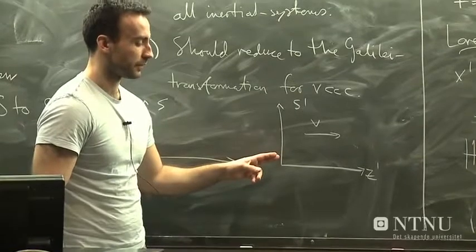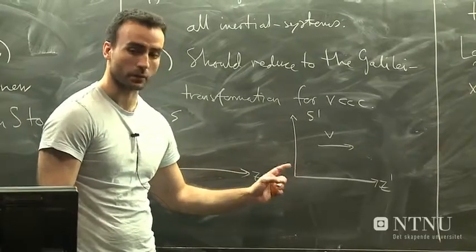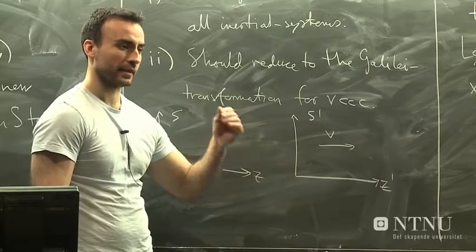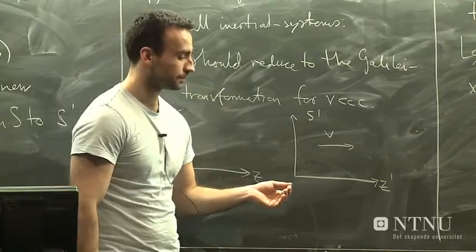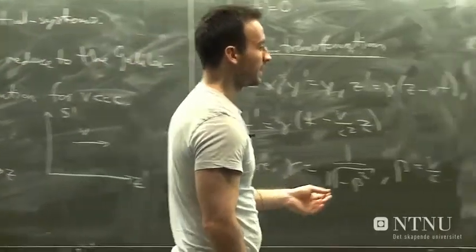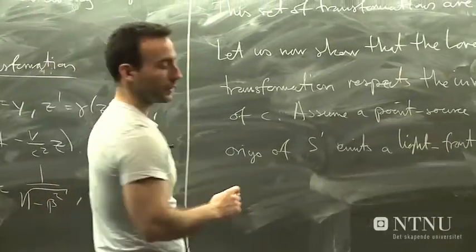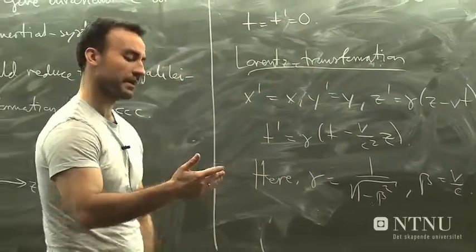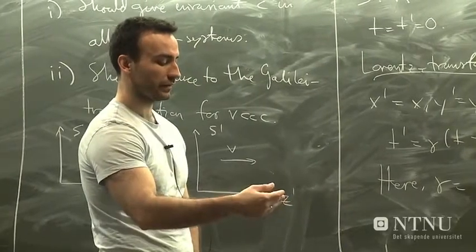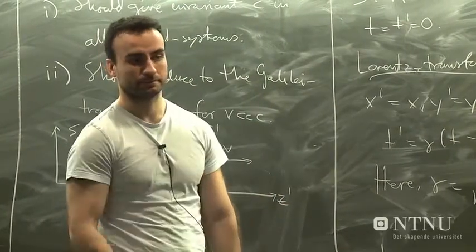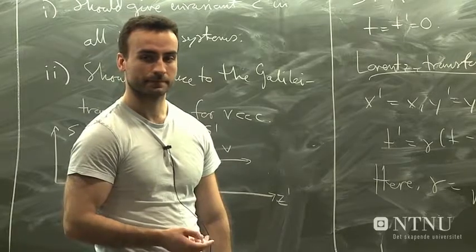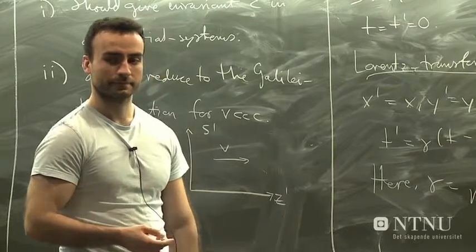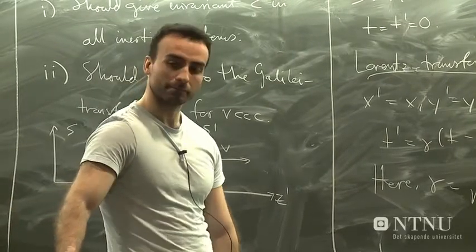Assume that we have a point source located precisely at the origo of S prime, which emits a light front at time equals 0. What is the equation of motion for this light front? In other words, how does the position of the light front depend on time? Any ideas?